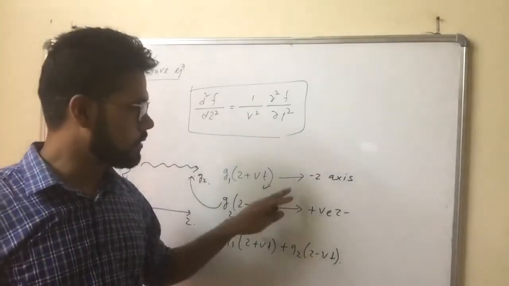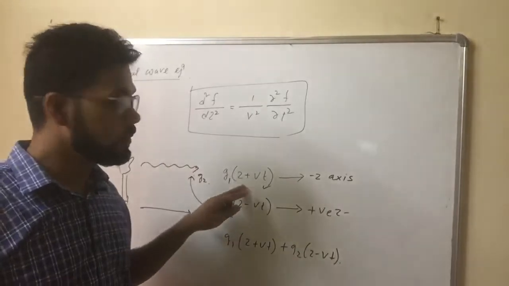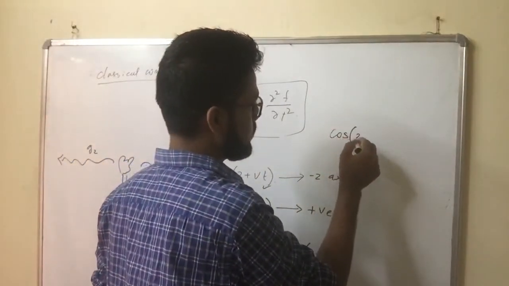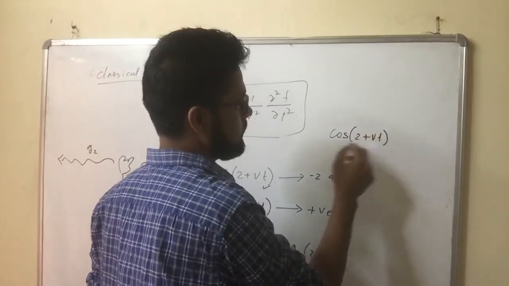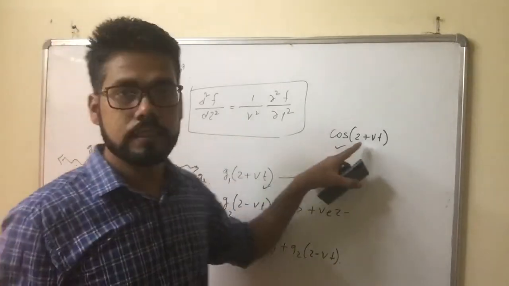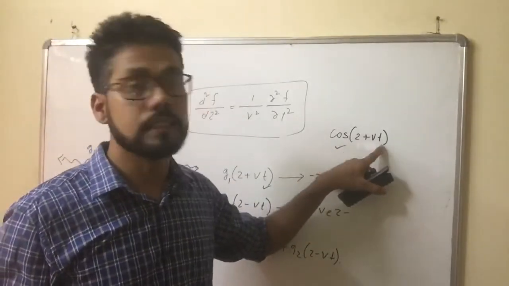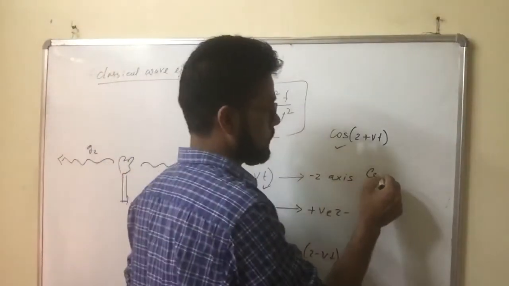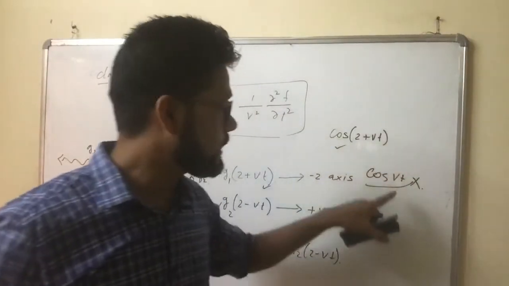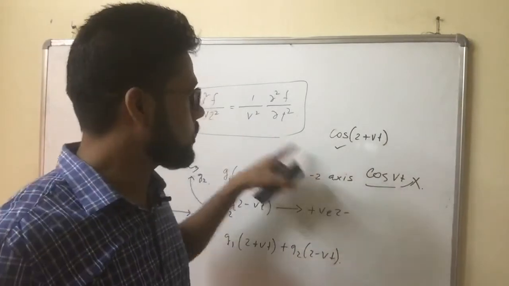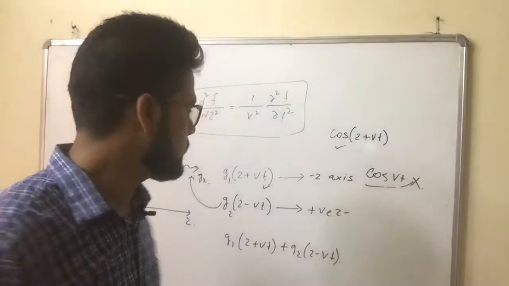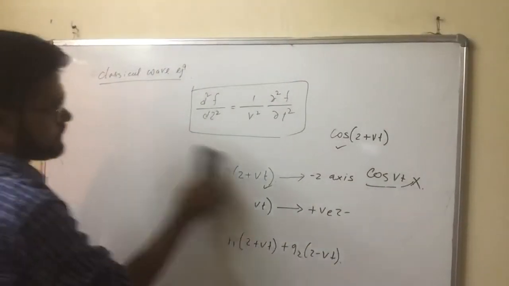One thing you remember: whenever we take a solution, suppose cos of z plus vt, this is a solution of this equation. You have to ensure there must be both z and t. Suppose I write cos vt; this is not a solution of the wave equation because time is there but z is not there. Clear?